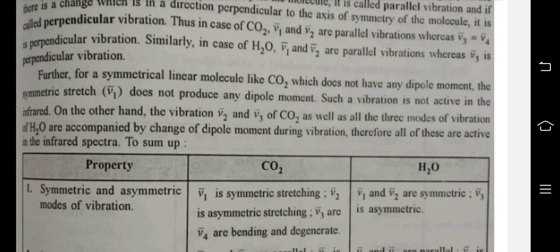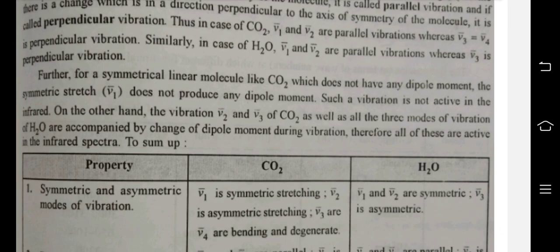Thus, in case of CO2, nu1 bar and nu2 bar are parallel vibrations, whereas nu3 bar equal to nu4 bar is perpendicular vibration. Similarly, in case of water, nu1 bar and nu2 bar are parallel vibrations, whereas nu3 bar is perpendicular vibration.